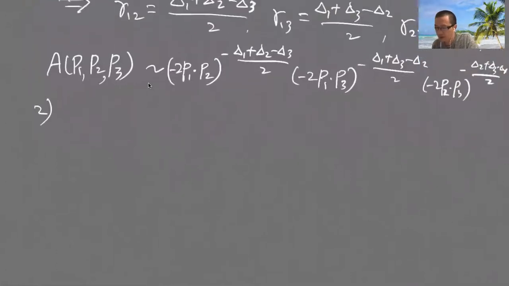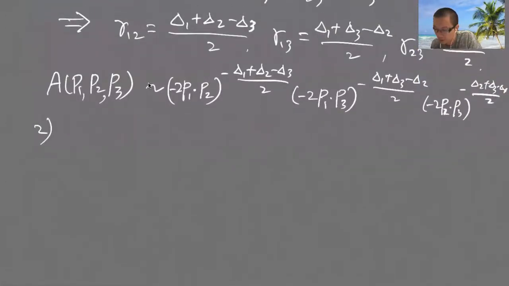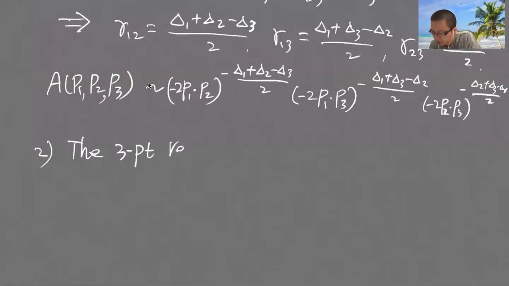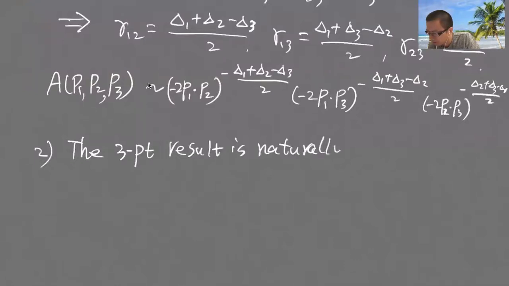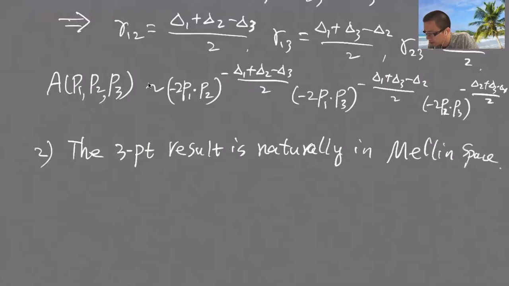In general, the 3-point result is naturally in Mellin space.